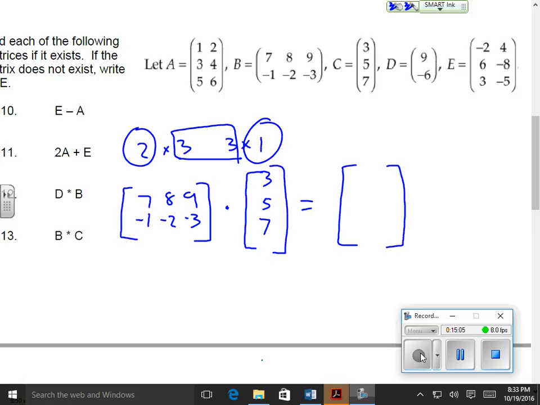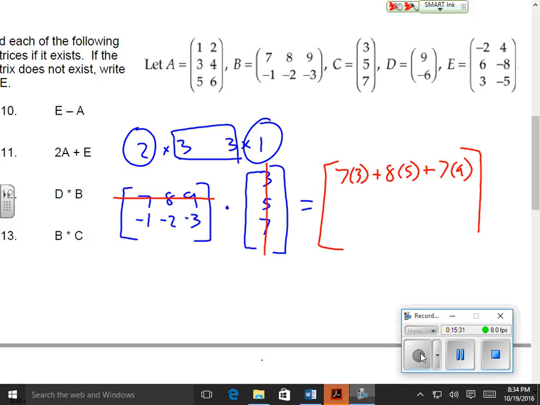But it may take me more work, more space than that because my first cell is going to be 7, 8, 9 times 3, 5, 7. In other words, it's going to be 7 times 3 plus 8 times 5 plus 7 times 9.